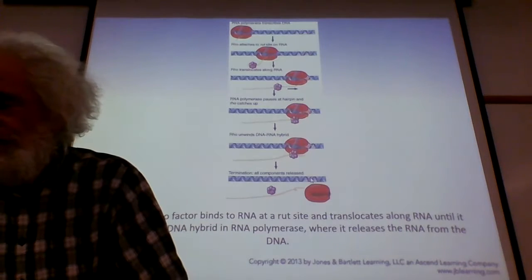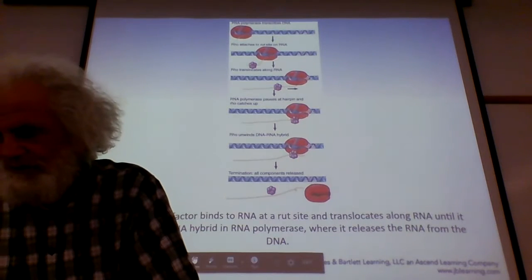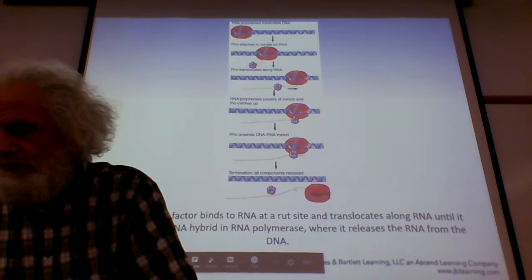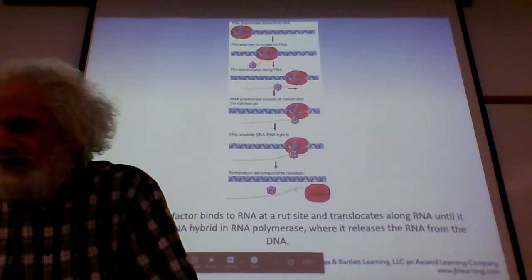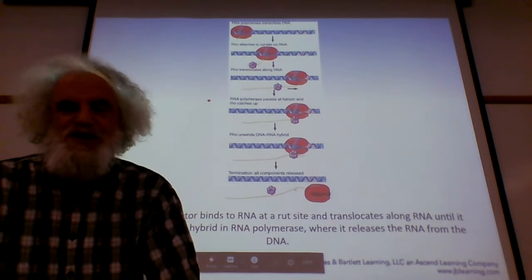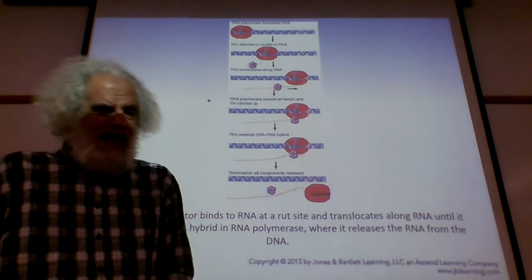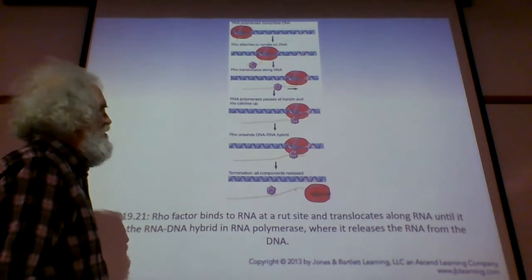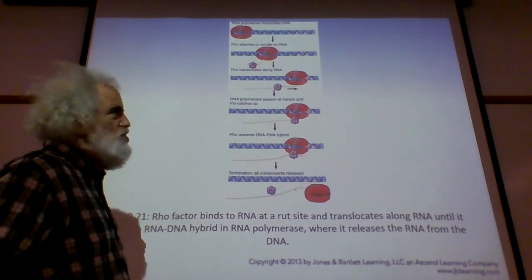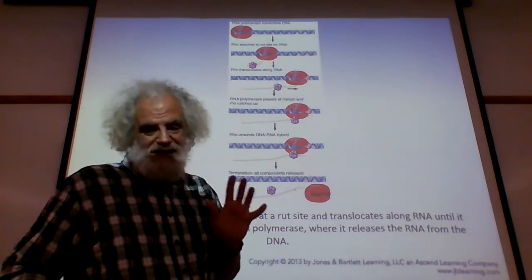But rho-dependent termination, there's no pen. All right. Anyway, rho-dependent termination is using a DNA sequence that is known as the rho utilization site, or the RUT site.